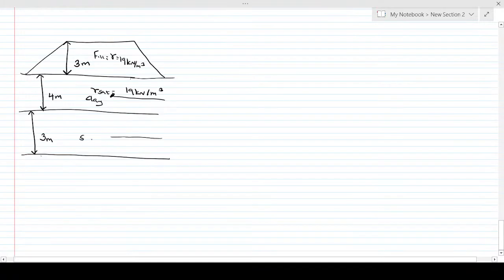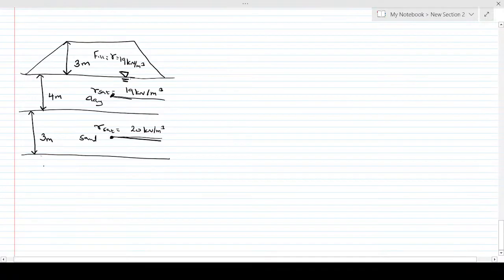This is sand, with a saturated unit weight of 20 kilonewton per meter cube. Mind you, this is the distance between the middle of the sand and the middle of the clay. We have our water table here. That's why all the soils above have a saturated unit weight.